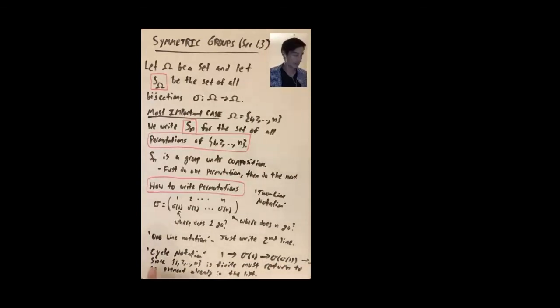But since the set from 1 up to n is finite, if you keep applying sigma to the next element, the next element, the next element, you eventually have to come back to an element you've already seen. And because sigma is a bijection, you can show that the first element that you see that you've already seen must be 1. If it were something else, then you'd have two different elements mapping into the same thing, and you wouldn't have a bijection.